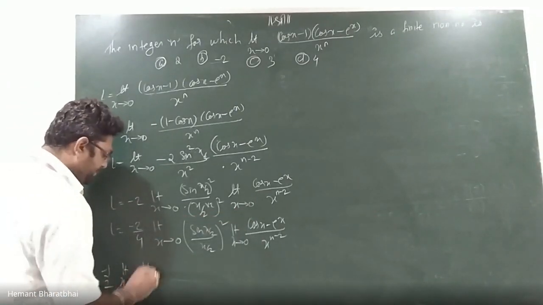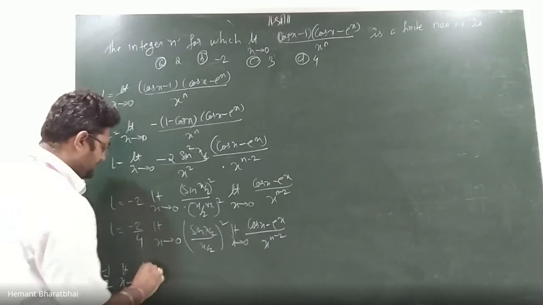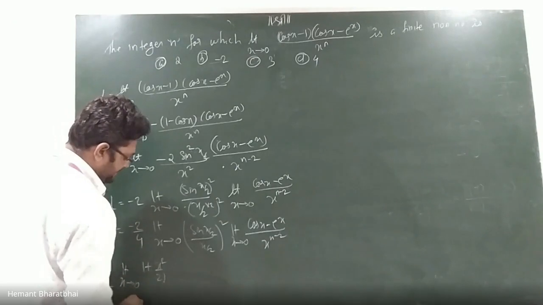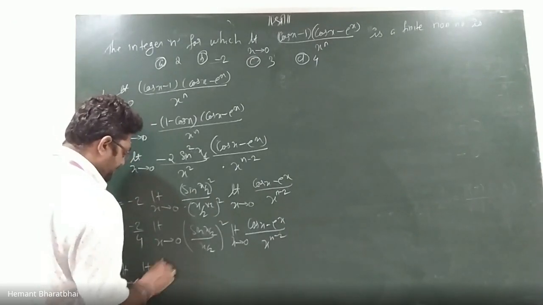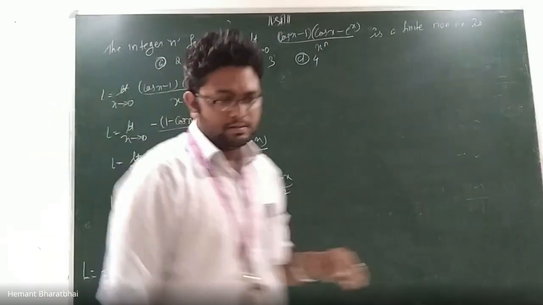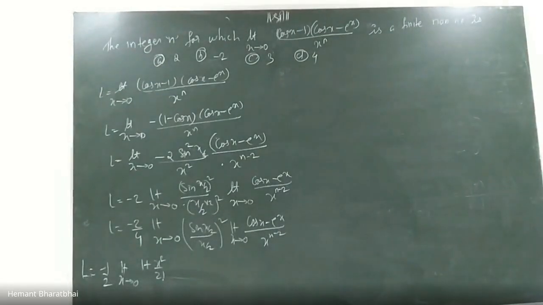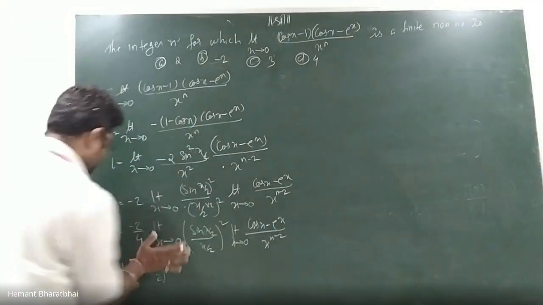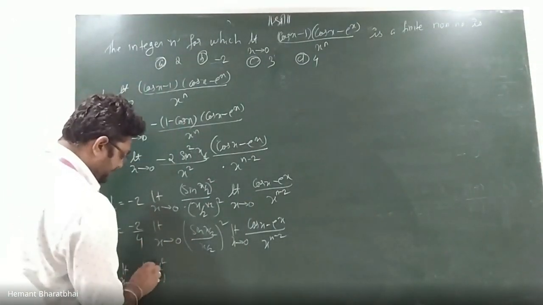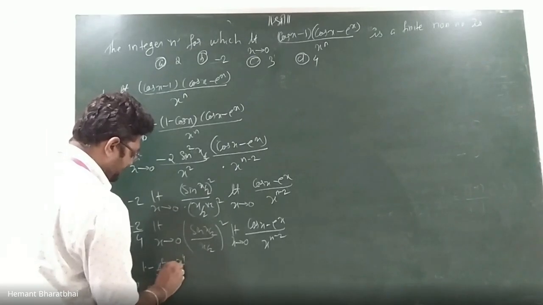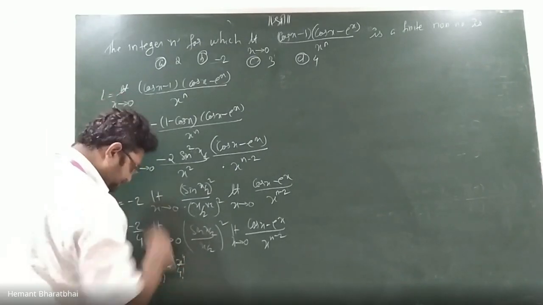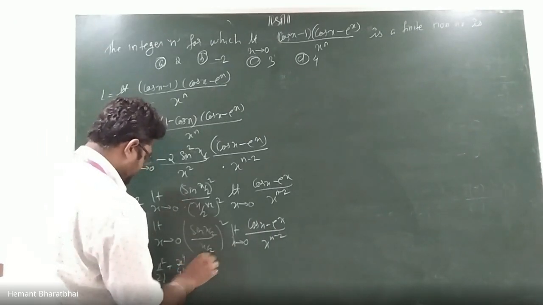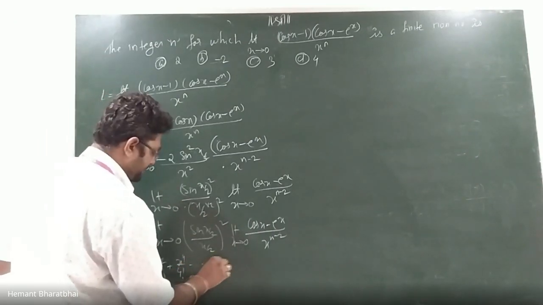It was 1 minus x square by 2 factorial plus x raised to 4 by 4 factorial, and so on, minus e raised to x.